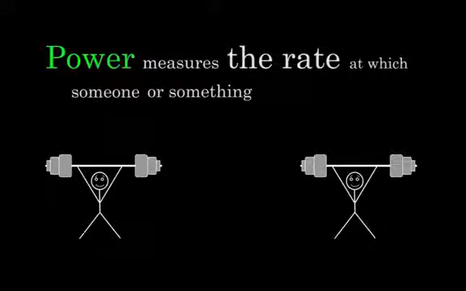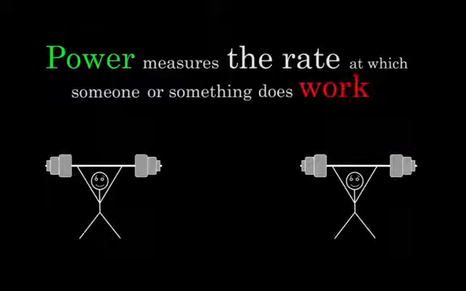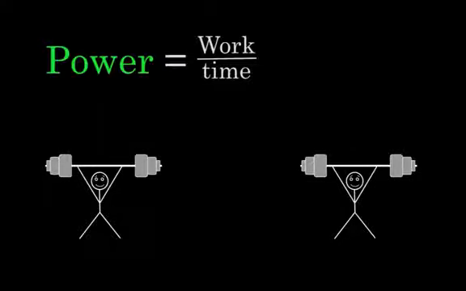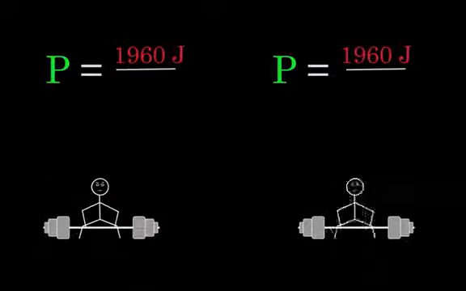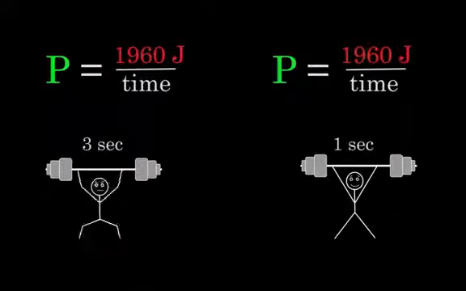Power measures the rate at which work is done. How fast or how slow you do the work, that is power. So power is work over time. Both weightlifters have done 1960 joules of work.